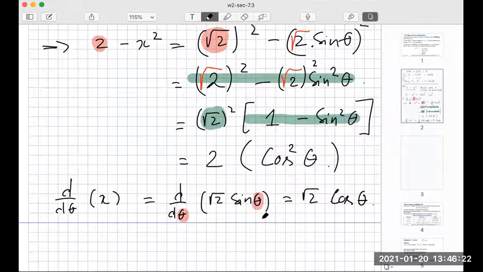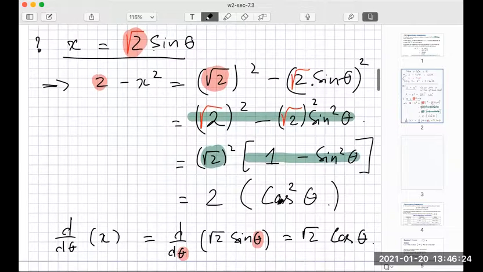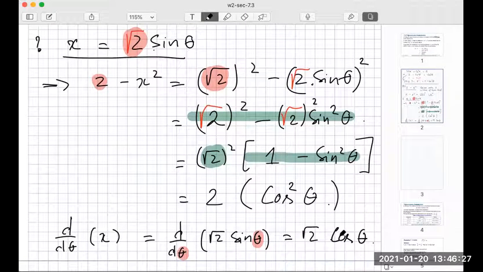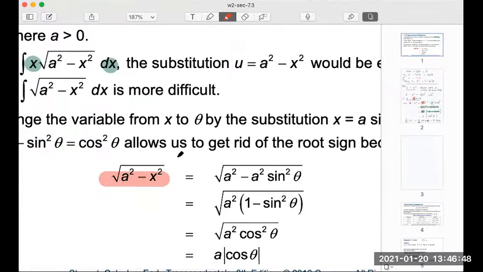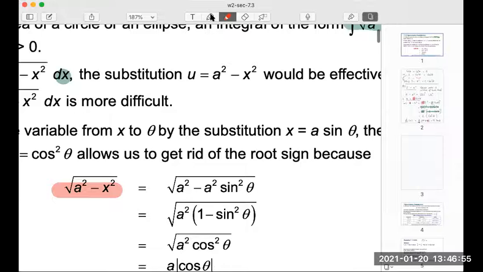See that if we define x here, we can write these in terms of sine and cosine. So we will somehow manipulate the original variables and write it in terms of new trig functions here. In general, if we are given a term square root of a squared minus x squared, right? The smart way to define x is this.